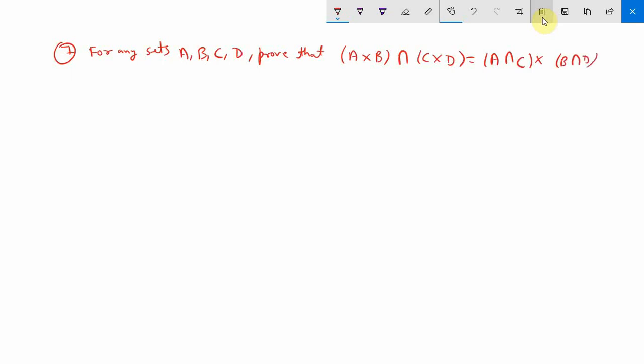So how can we prove this? So we will again consider an ordered pair (a, b) that is an element of (A × B) ∩ (C × D). So this we are considering.